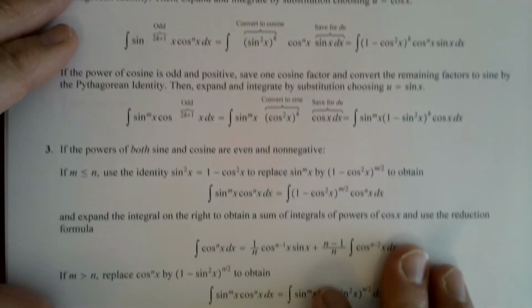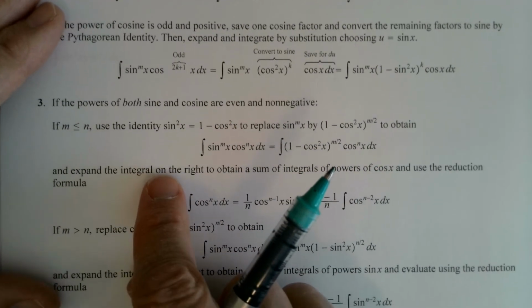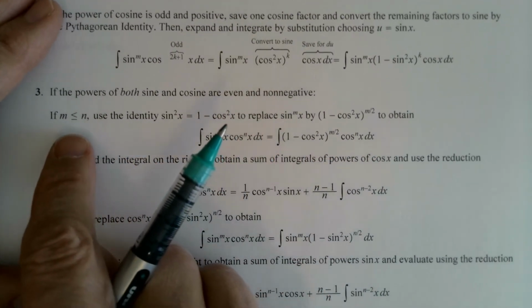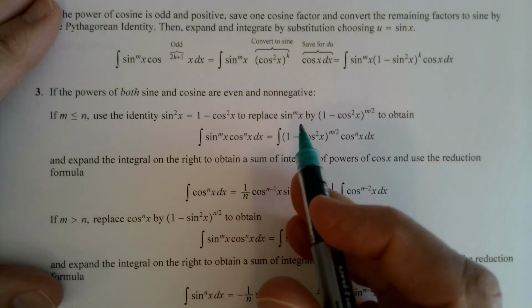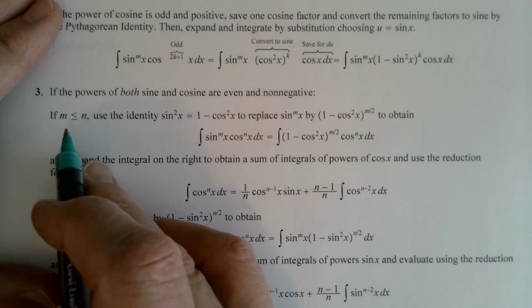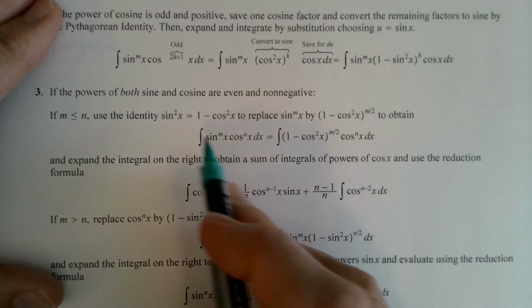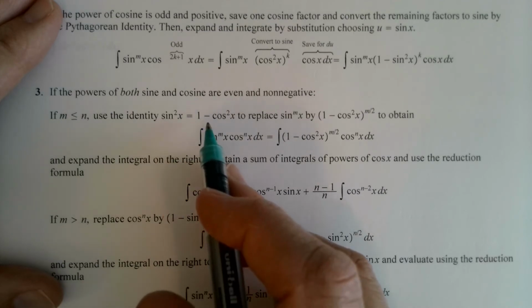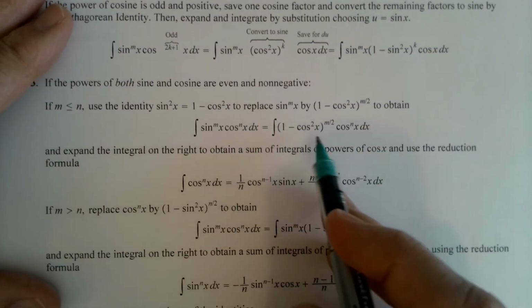Okay, so if both powers of sine and cosine are even, then what we can do is take the smaller power. Say the sine is the smaller power. M is the power of sine, n is the power of cosine. If m is less than or equal to n, I'll convert all the sines to cosine, and then everything's going to be powers of cosine.